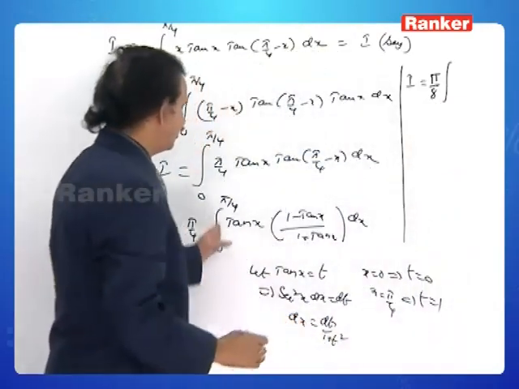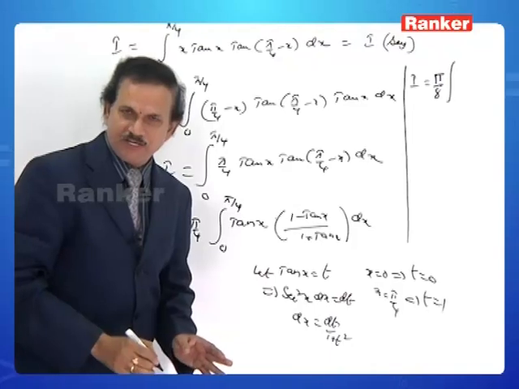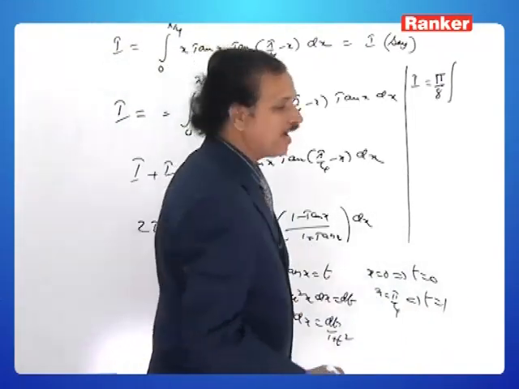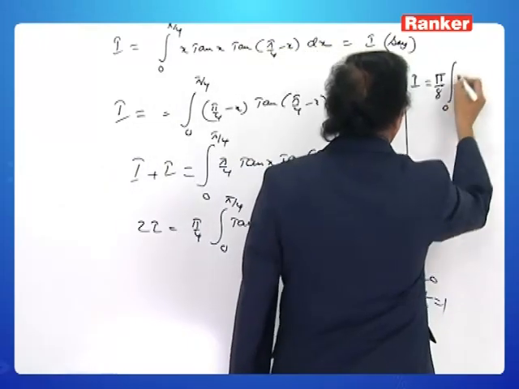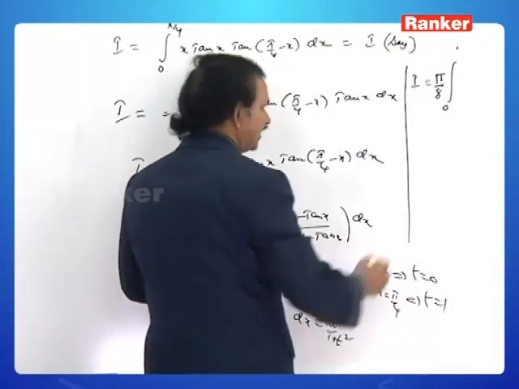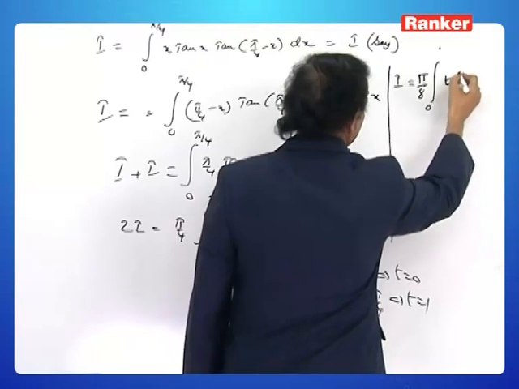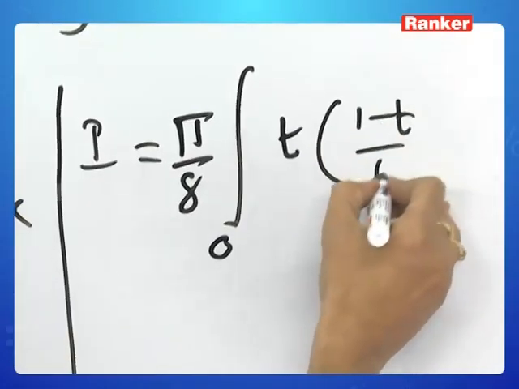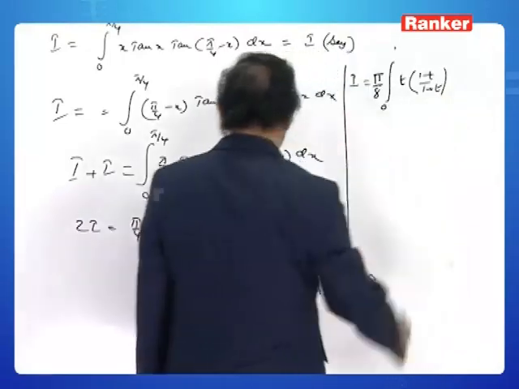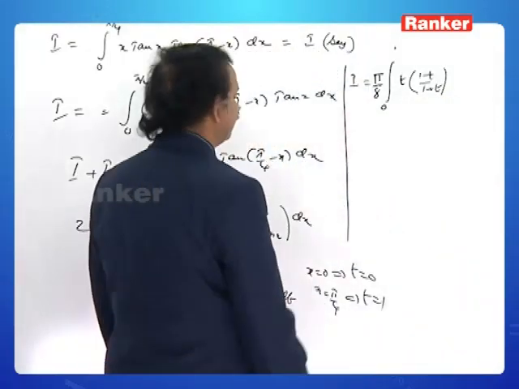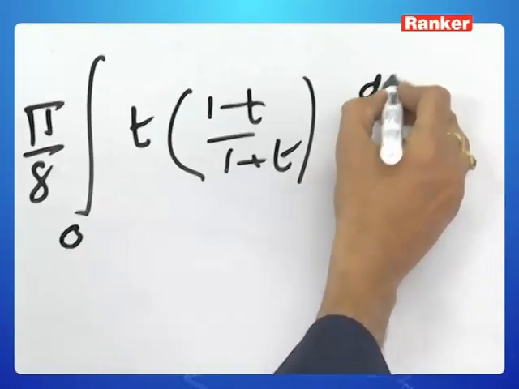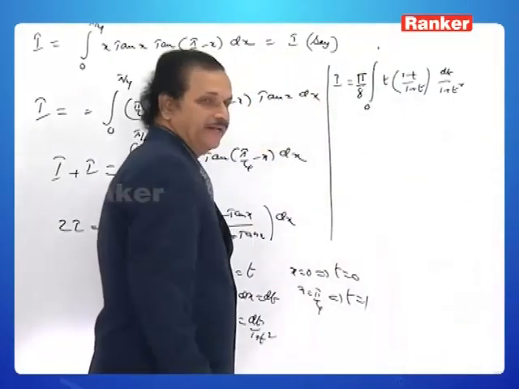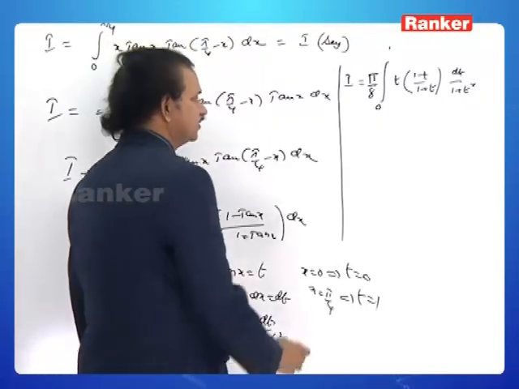instead of integral 0 to pi by 4, what are the limits that you have to take? 0 to 1. Integral 0 to 1, tan x is t, so t into (1 minus t) by (1 plus t), and dx is dt by (1 plus t square).